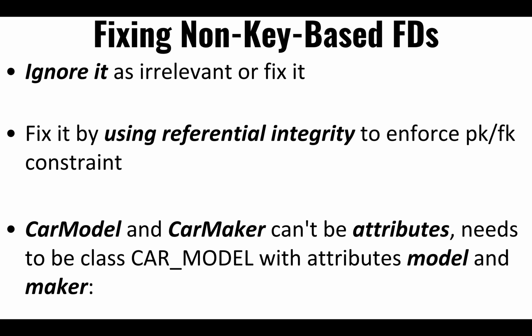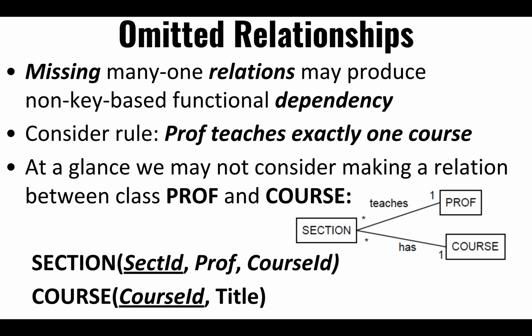And we're going to enforce a relationship using referential integrity, one having a foreign key to the other, right? And now we can enforce the fact that Corollas are only made by Toyota.